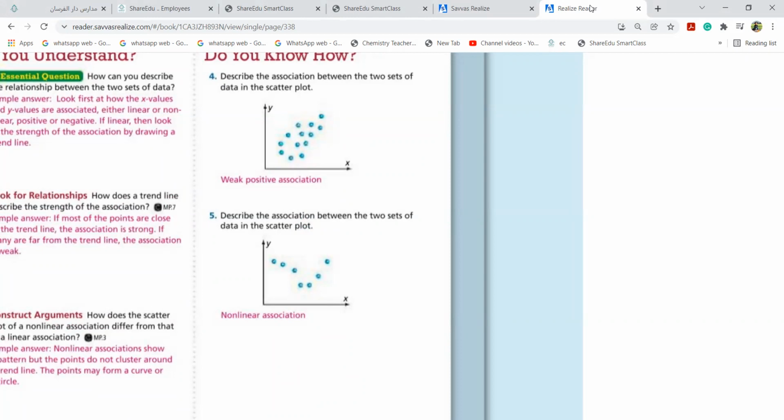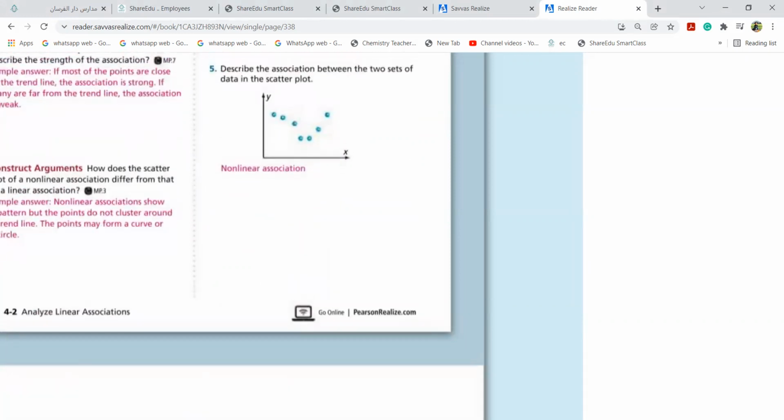For question number 5, please write down non-linear association. Done?